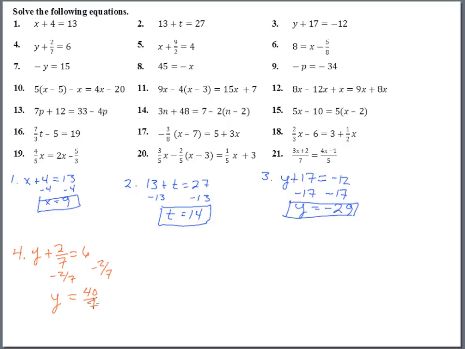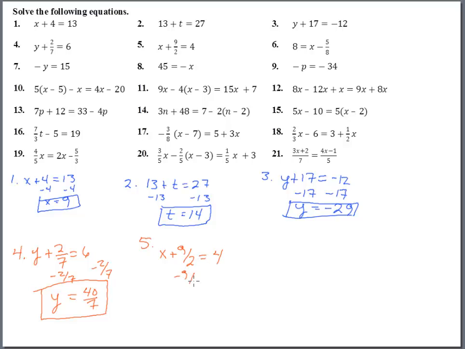We could also write this as 5 and 5 sevenths. Box that in. Number 5, x plus 9 halves equals 4.